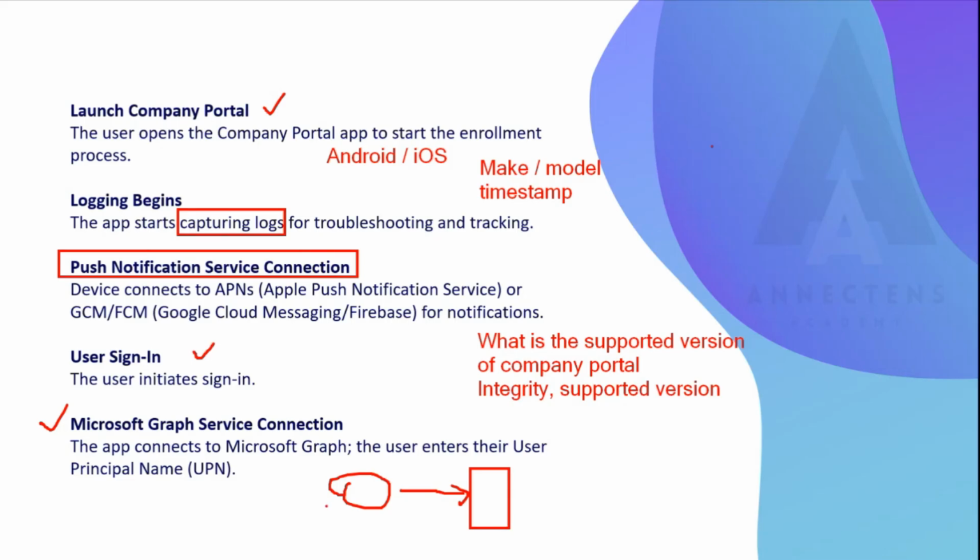As soon as I enter my UPN, my user principal name, Company Portal will send this information to Graph API, and Graph API will run the background check. It will ensure that the correct default page is presented for the user principal name.